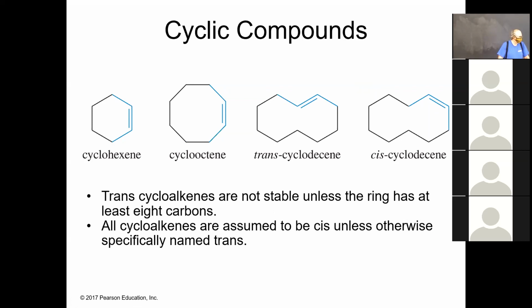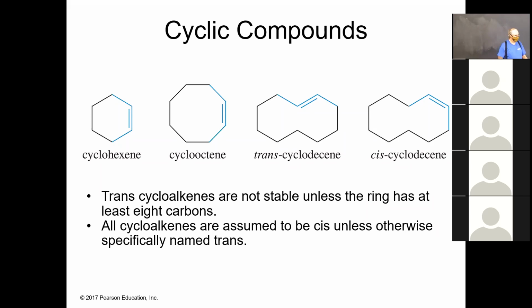It actually has to be. To form a trans double bond in a small ring would be prohibitively strained, and you can't make a model with this. So you have to have at least 8 carbons to have a trans double bond.